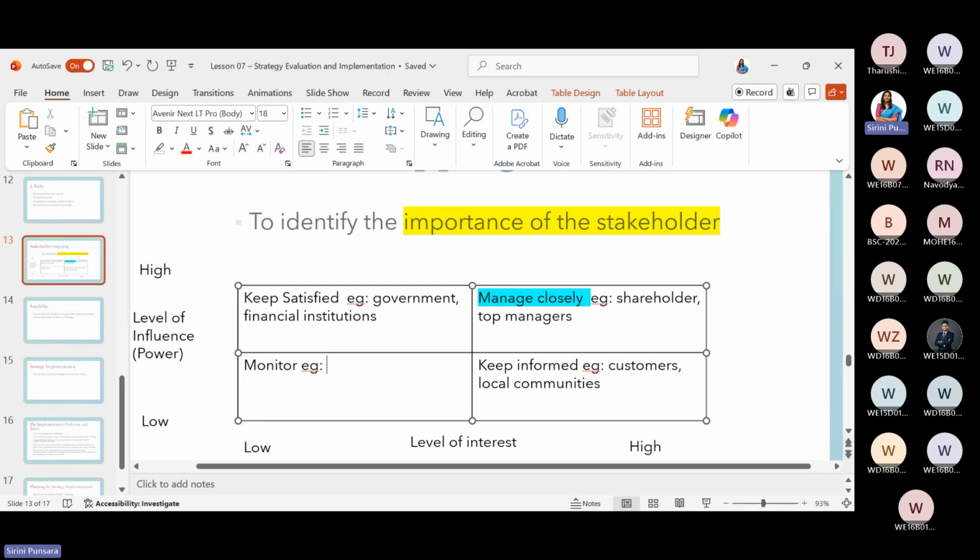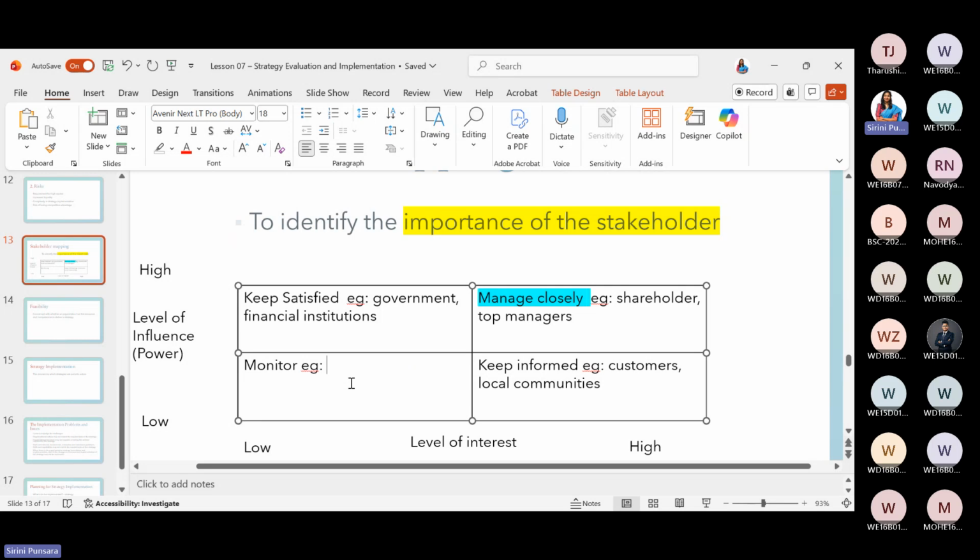Then we have level of influence is low, that means no power, and less interest as well. These types of people are the less important stakeholders to the company, but still we do need them. So we have to monitor their actions, what they are doing, because it can create some sort of impact on the company.